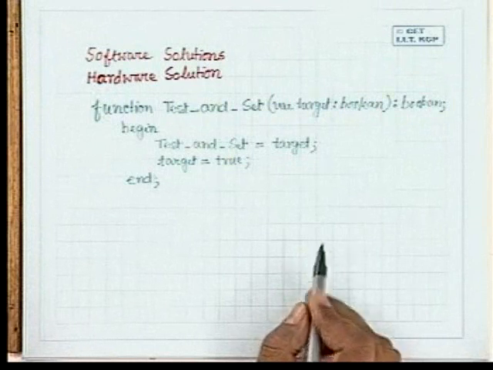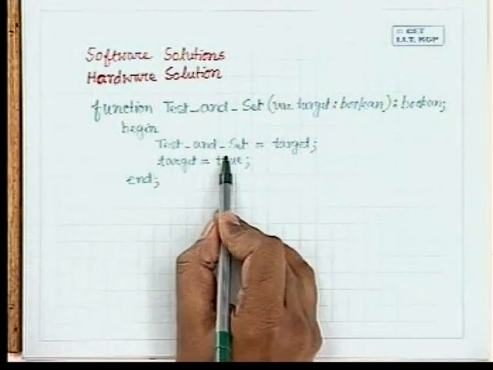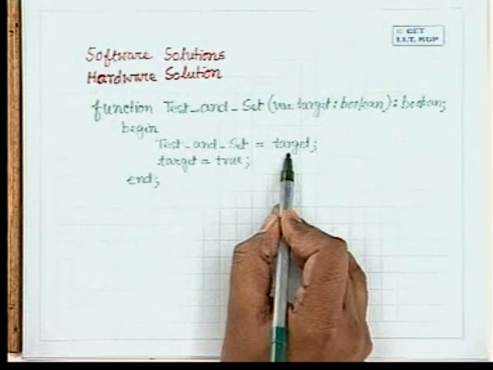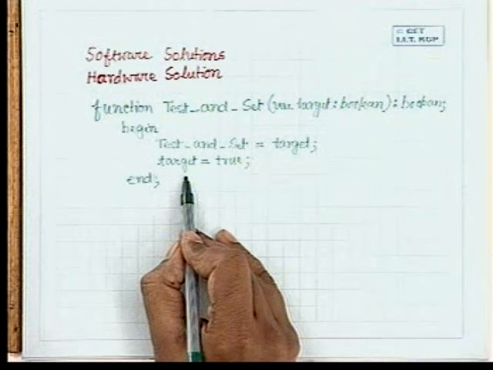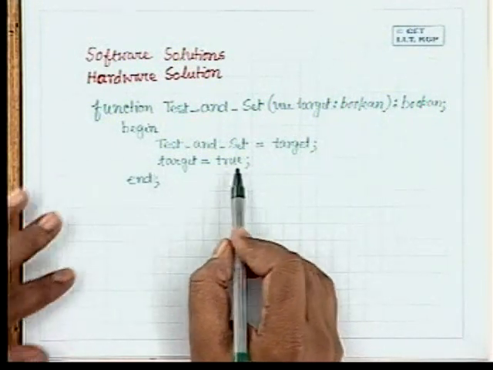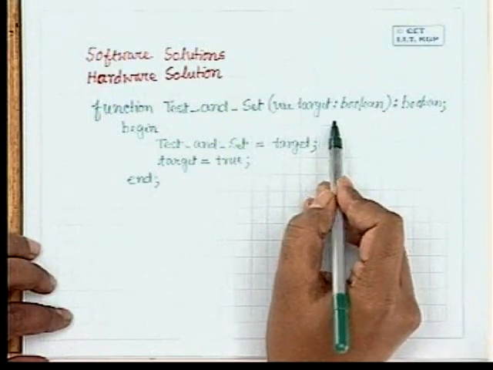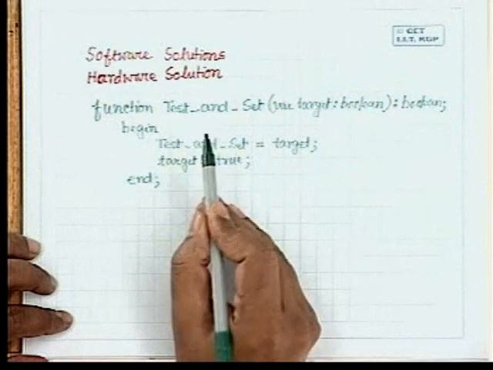So what does it mean? When you execute this function, the test and set itself gets a value which is equal to the value of the target. And after this, the target is assigned the value true. That means whatever value of the target with which this test and set function is called, the test and set function returns the same value.